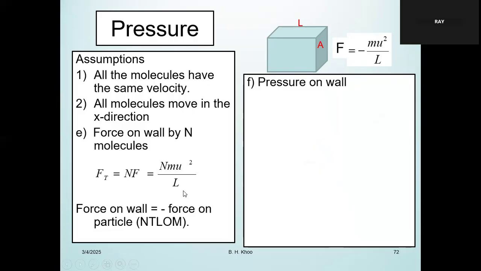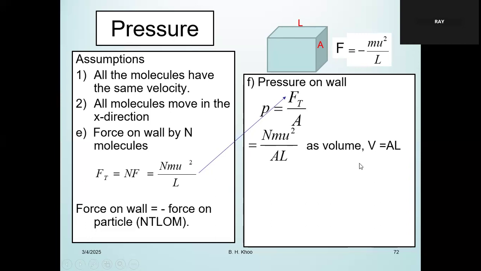This is the force on the wall. So the pressure is force over area, total force divided by this area. So that's the force divided by area. So A times L is volume.